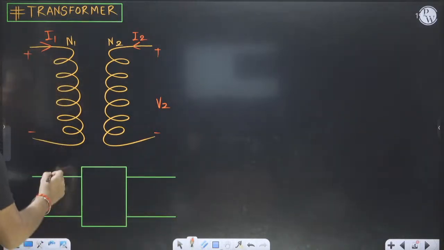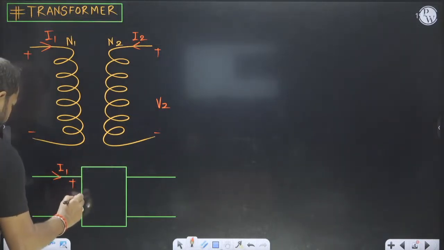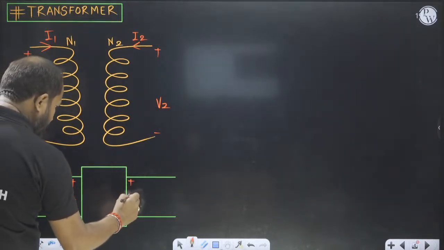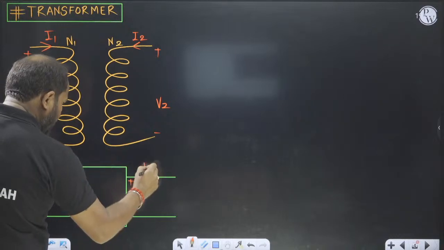So I1 current, voltage V1 and V2 and I2 current.